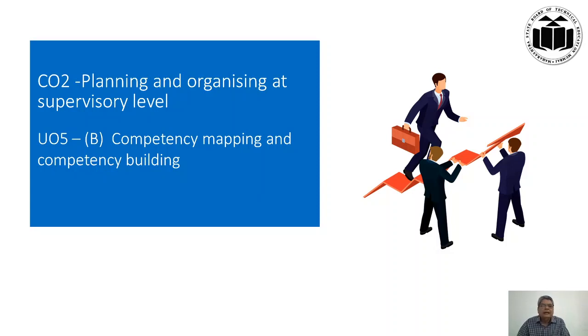In part A, we saw what are the different core skills which are required to do any job and the competencies required. So core skills are the part and parcel of that competencies, and how you do the competency mapping by creating a competency map.